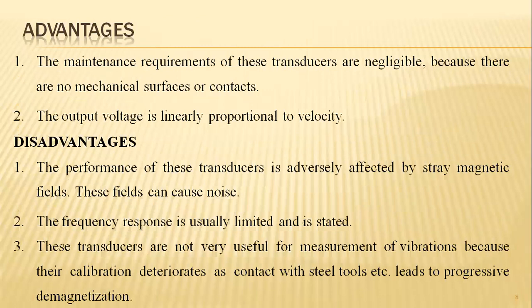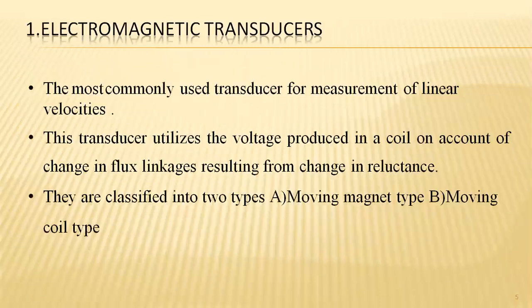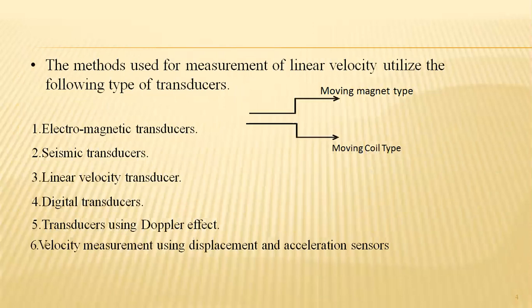The 6 different approaches for finding the linear form of velocity: one is the electromagnetic transducers, seismic transducers, linear velocity transducers, digital transducers, transducers using the Doppler effect, and velocity measurement using displacement and acceleration sensors. And angular velocity measurements we'll be discussing in the next class.